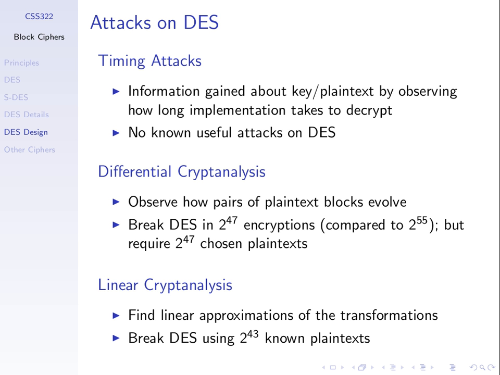But for that attack to work, the attacker needs to know 2 to the power of 47 different plaintext values, which is not very practical. That is, the attacker needs to know a lot of possible plaintext values to perform this attack. 2 to the power of 55 versus 2 to the power of 47, that's a difference of effectively 8 bits.